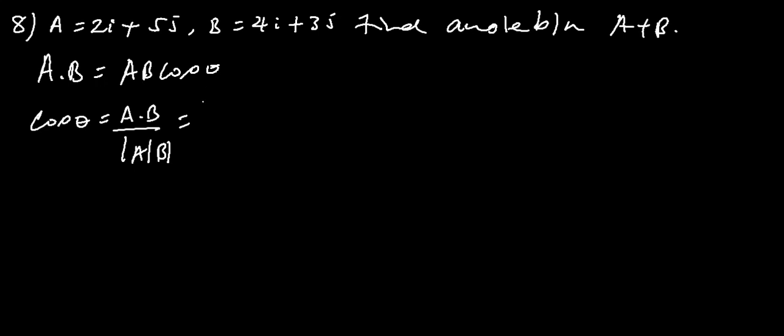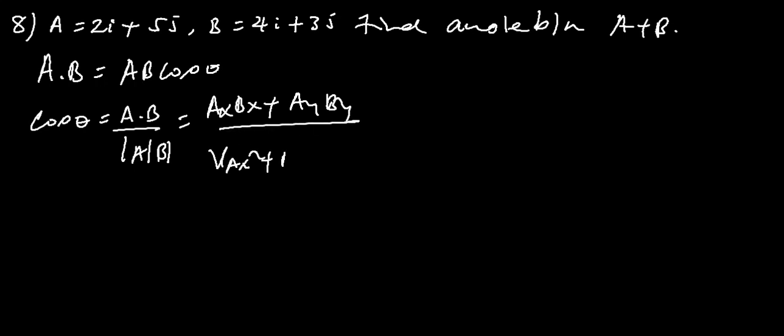A dot b means ax bx plus ay by, over the square root of ax square plus ay square times the square root of bx square plus by square.